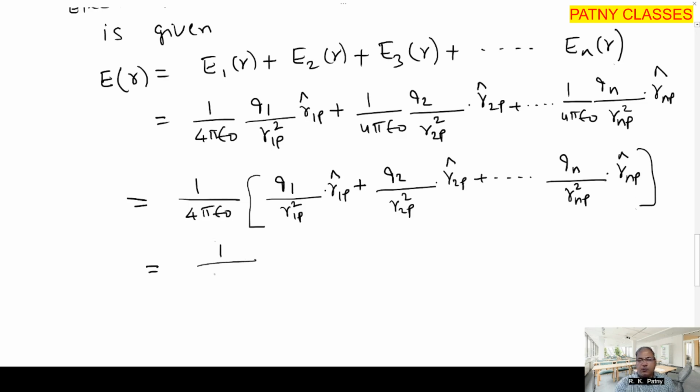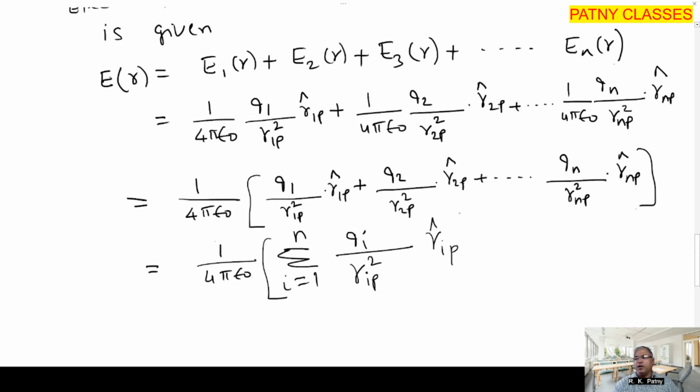Now in summation form it can be written as 1 upon 4 pi epsilon naught, starting from the first charge up to the nth charge. So summation i equals 1 to n, last charge is n, and here is Qi divided by Rip square multiplied by Rip cap. This is the required summation form. It is nothing but E of r, the total electric field at the point P due to all the charges, and it is a vector quantity.